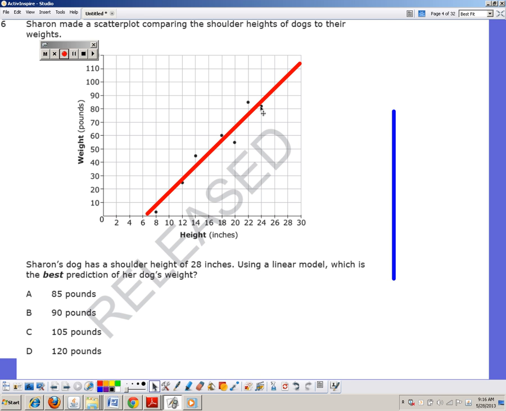Again, most of the dots are either touching or close to that line. Then we have to find 28. 28 is here, so I'm going to put a line at 28. And where these two lines cross, that's the answer. So the two lines cross here, which is 105. So C is our answer.